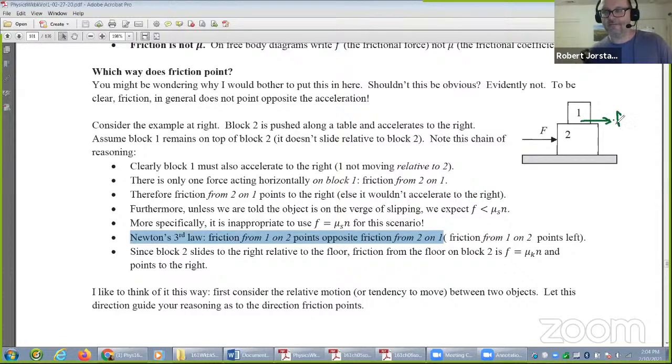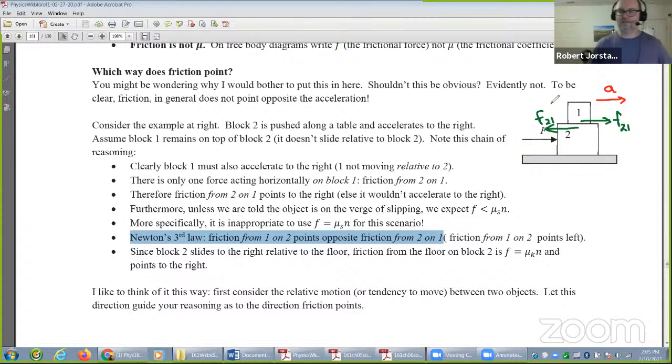I'll call that F(1). Why? Because we're told these blocks accelerate together, and that's the only force that could cause it to accelerate that way. By Newton's third law, there's a friction going this way. Friction 2, 1. Again, the subscripts 2 and 1 mean between blocks 2 and 1.